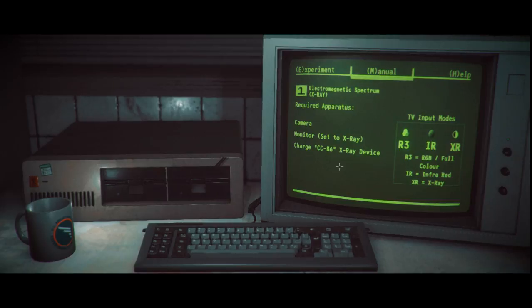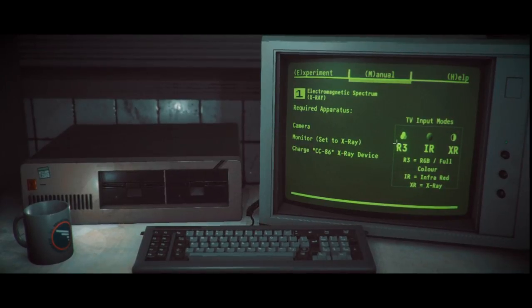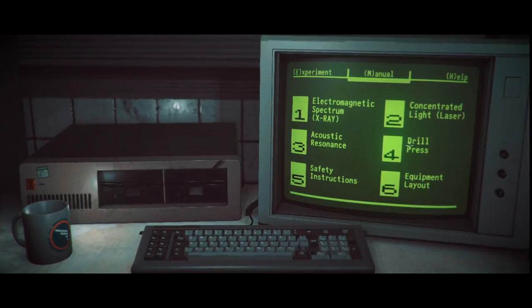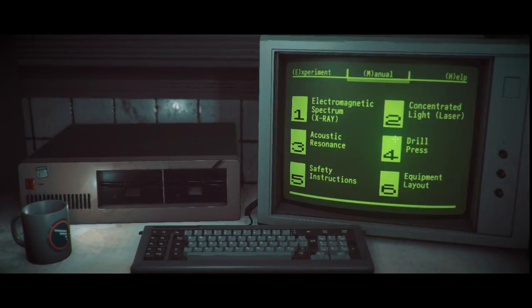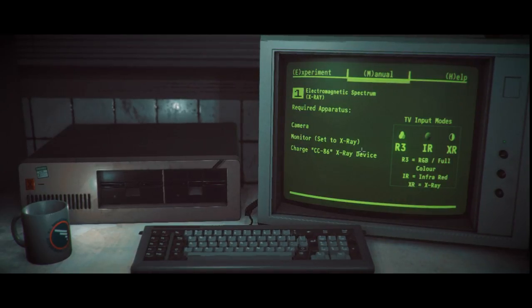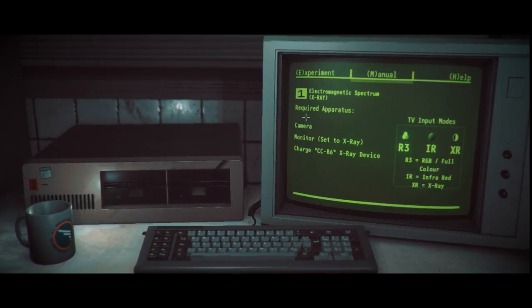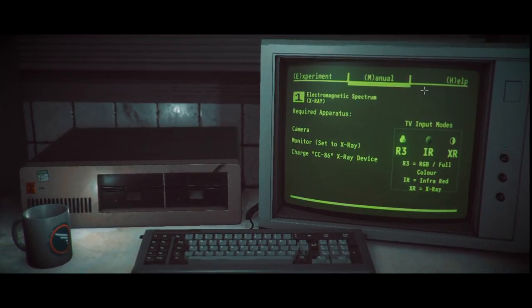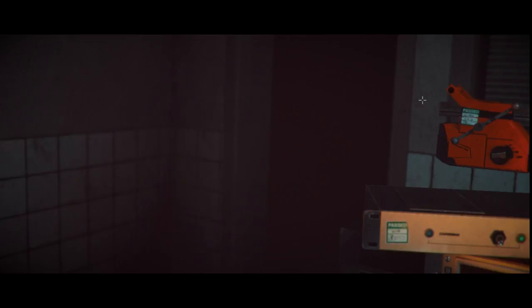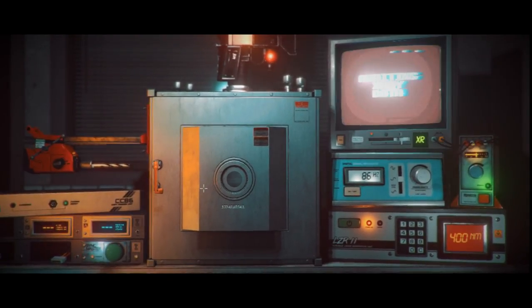Charge X, CC86. Okay, CC86 is the X-ray machine. So camera, monitor, charge. Camera, monitor, and X-ray machine. So we gotta turn off all the other ones.